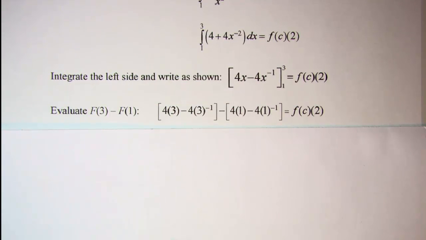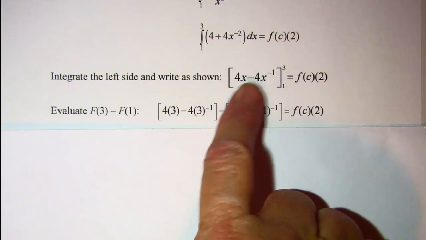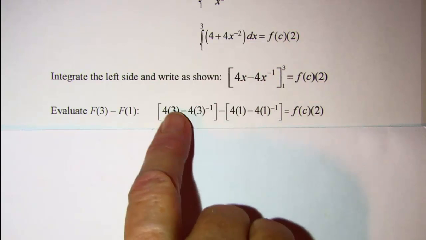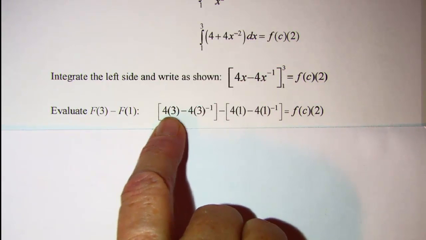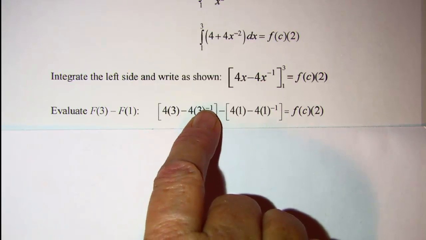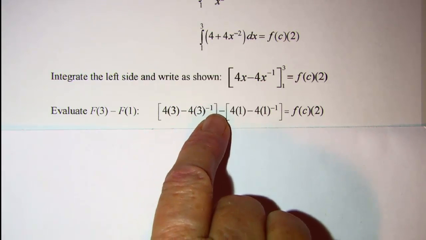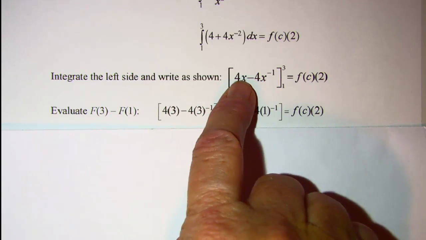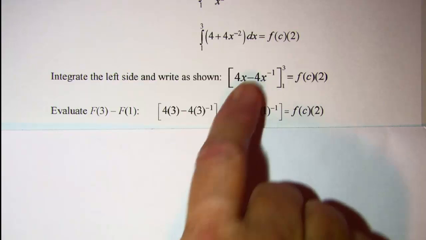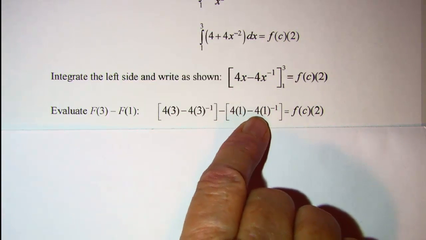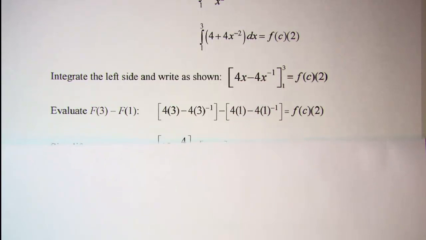Our fundamental theorem of calculus says that we need to evaluate this expression with 3 substituted in, so 4 times 3 minus 4 times 3 to the -1, and then subtract from that the value of this expression with 1 substituted in, so 4 times 1 minus 4 times 1 to the -1.